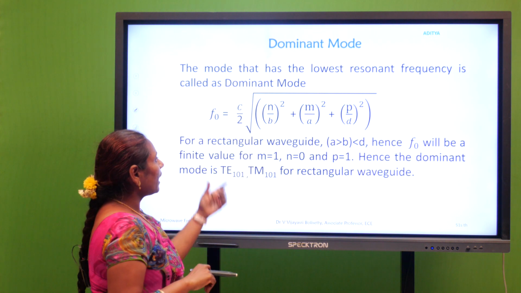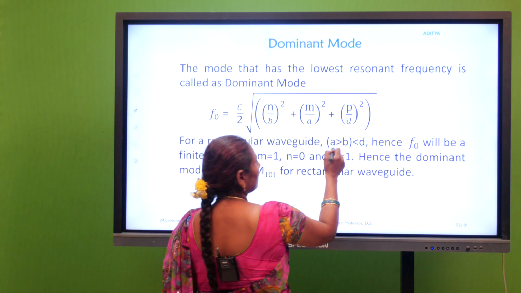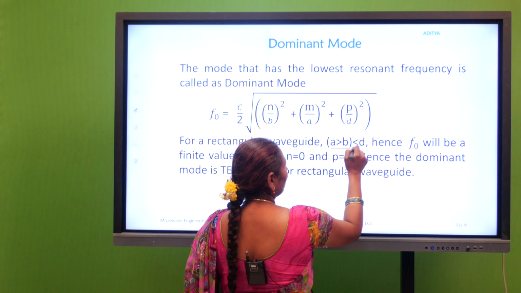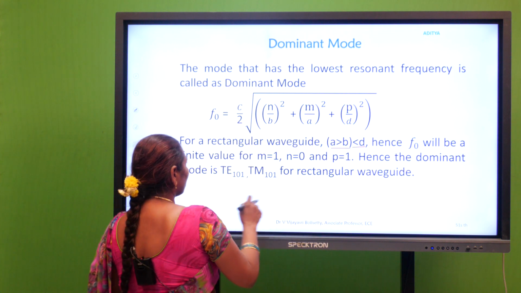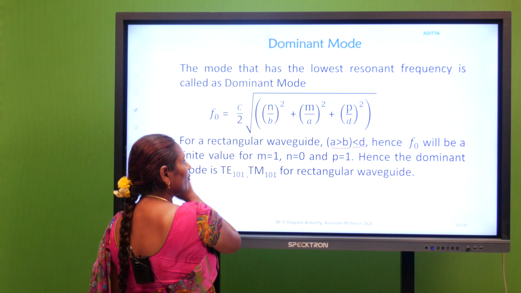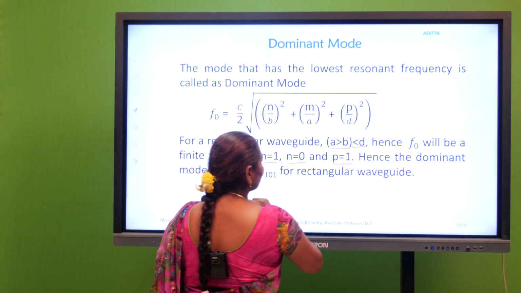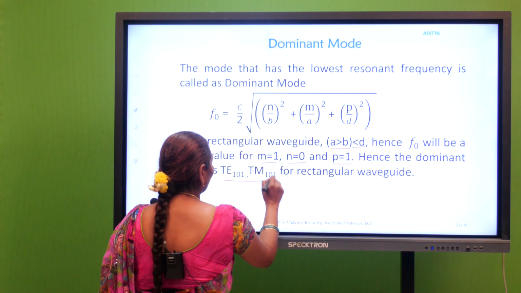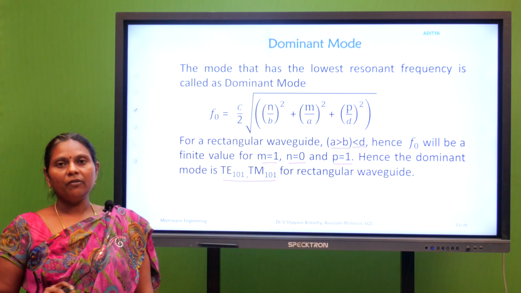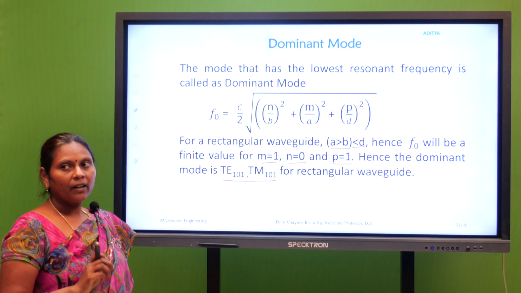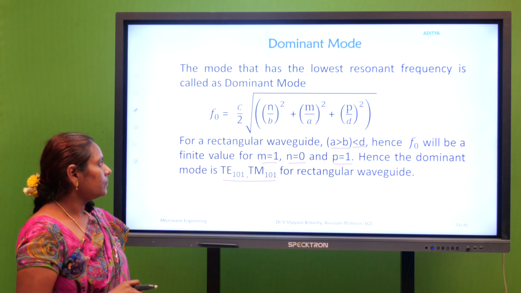For a rectangular waveguide, A is greater than B, and whether it is A or B, that is less than D, and hence F0 will have a minimum finite value for M is 1, N is 0 and P is 1, and hence the dominant mode is either TE101 or TM101.